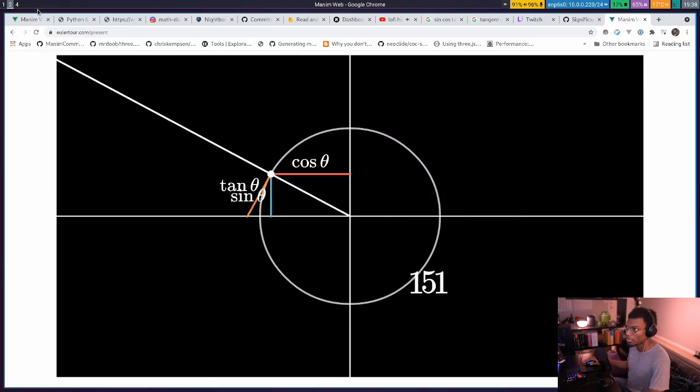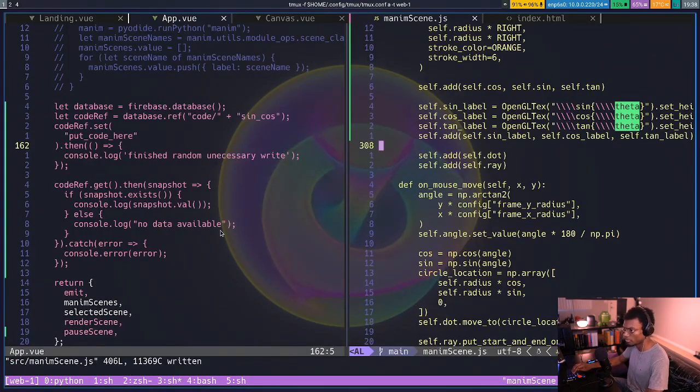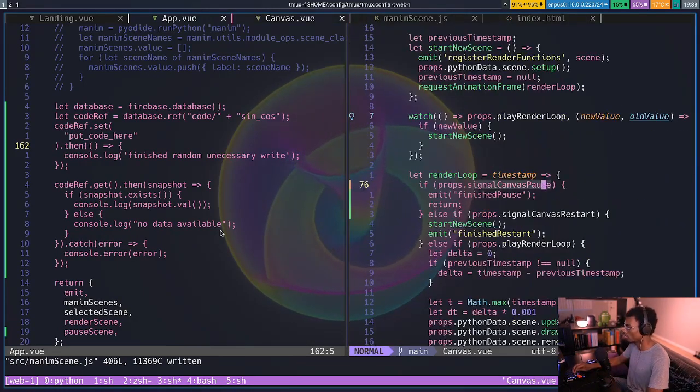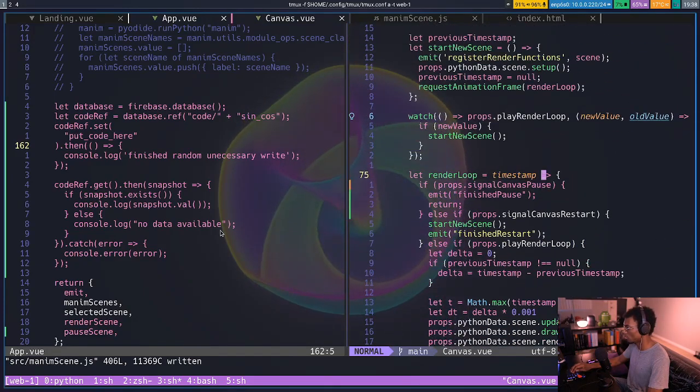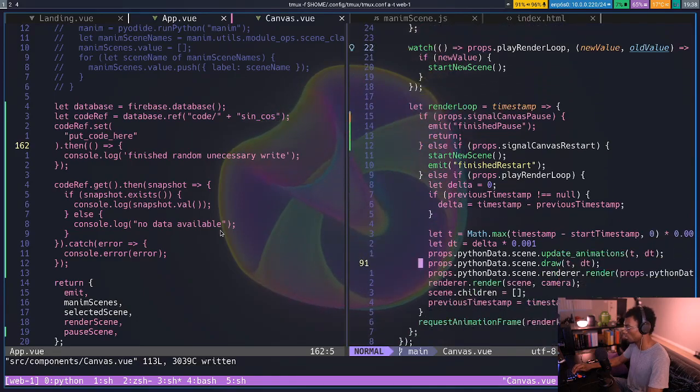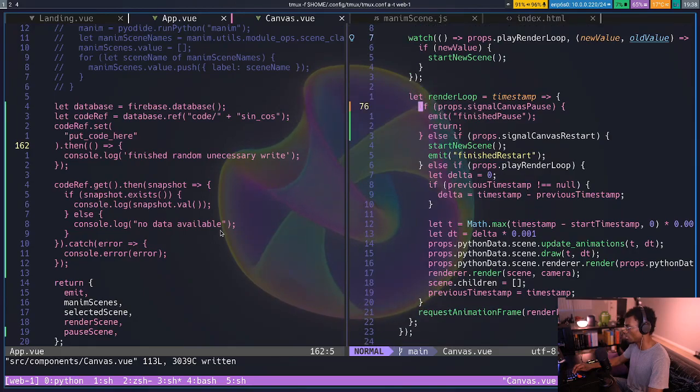What I do need to do is make it so that when I render multiple times, it cancels the earlier render loop. Because that's a problem. Basically, if I signal canvas pause, that'll stop.